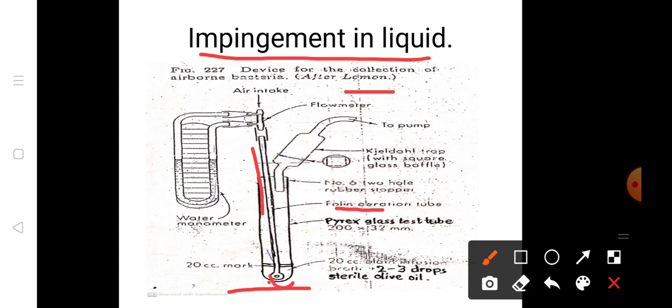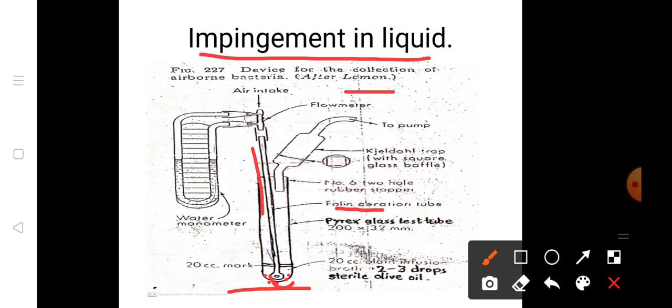At the end of the fouling aeration tube, there is a bulb with 6 holes. There are 6 perforated holes at the end of this bulb. This tube is passed through a 2-hole rubber stopper.